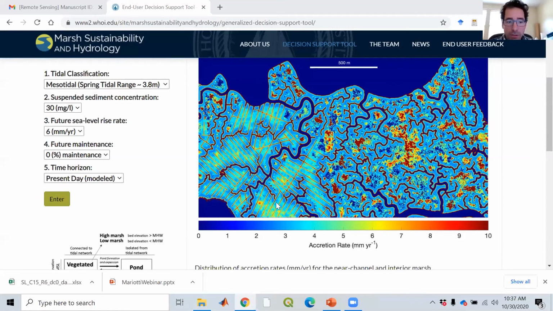Then you have the ponds. When a pond is present, you don't have vegetation, and you don't even have sediments coming in because there is no connection from the channel. So an isolated pond doesn't get accretion and tends to deepen through time. And then when it's connected, it just accretes very fast.